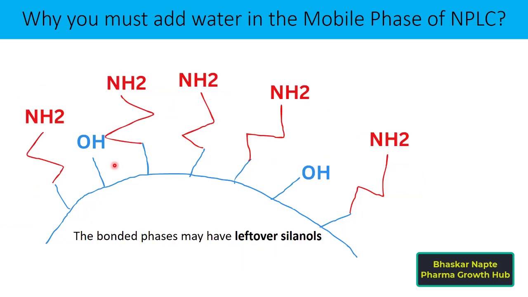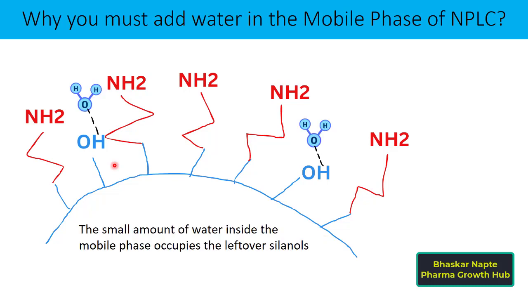Now in case you have a bonded stationary phase like amino or cyano, again, this bonded stationary phase will also have leftover free silanol groups. And these free silanol groups can certainly interact with highly polar solvents like water. The small amount of water inside the mobile phase is going to occupy these free silanol groups.